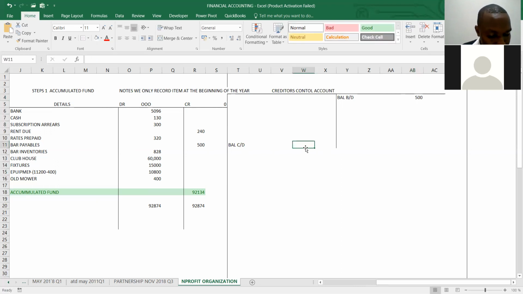The balance carried down is how much? 820. And then what they purchase during the current period, you will find under the cash book. So you will check the payments to suppliers in the cash book. How much is that?